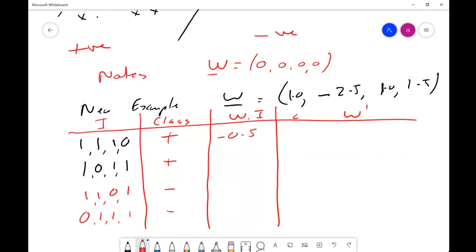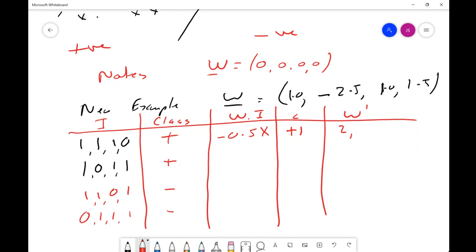It is wrong. Should be a positive class, negative response. So we're getting a wrong response. C, positive class, negative response. C is plus 1. And the updated weight vector is W plus the input vector, and it will be 1 plus 1 is going to be 2.